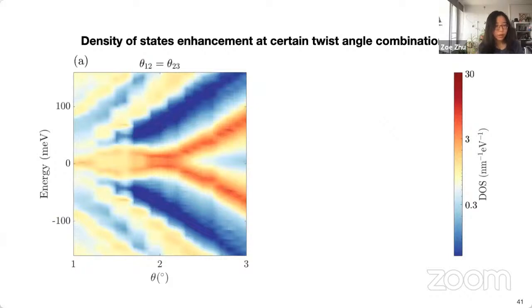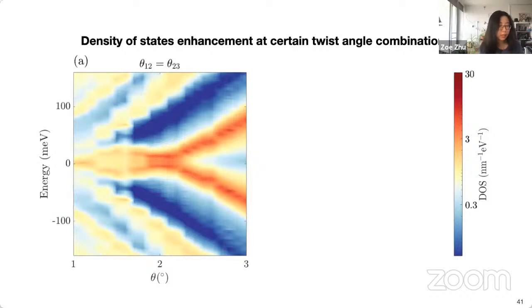Okay, so here let's look at the results of density of states evolution as a function of the twist angle. The first thing we do is we keep the twist angles equal and consecutive, and we look at the density of states evolution as a function of twist angle.